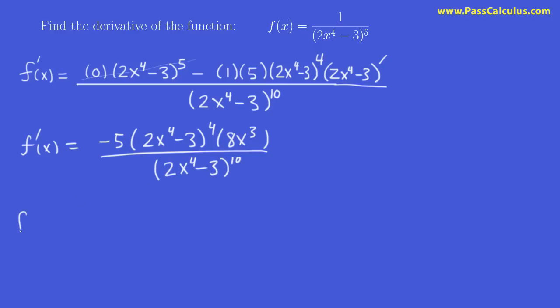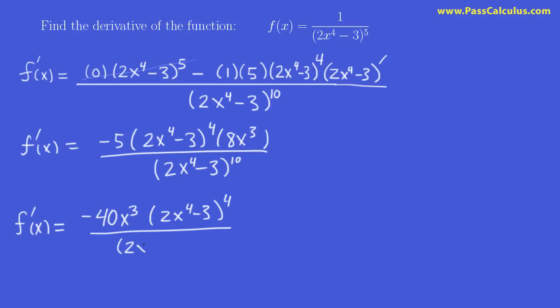And we're pretty much there. The top can be simplified just a little bit. Negative 5 times 8 is negative 40, x cubed. And notice that we have 2x to the 4 minus 3 in the top and the bottom. And here's to the power of 4, here's to the power of 10. So we can actually simplify that a little bit.